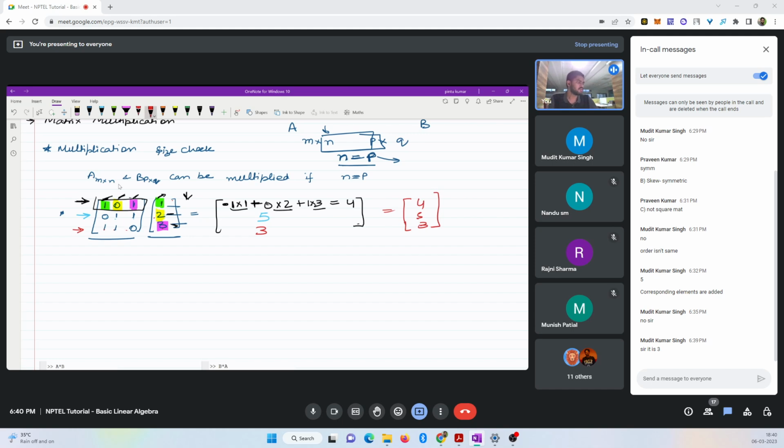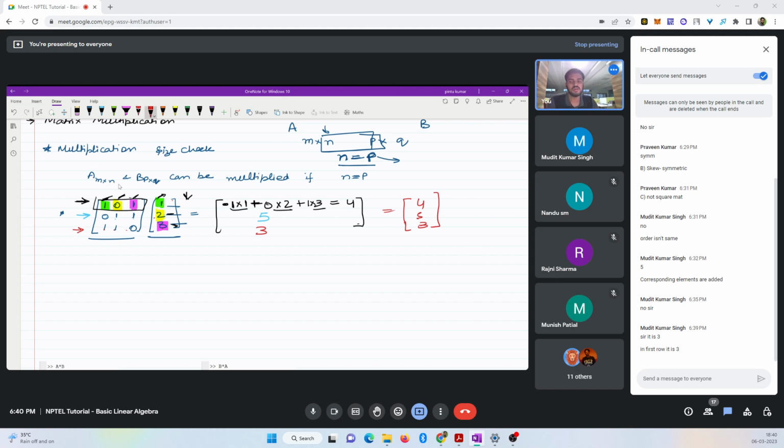Was this multiplication clear? Which one is 3? In the first row it is 3. See, the first one gets multiplied, 1 into 1 gives us 1, then 0 into 2 gives us 0, and 1 into 3 gives us 3. 3 plus 1 is 4.